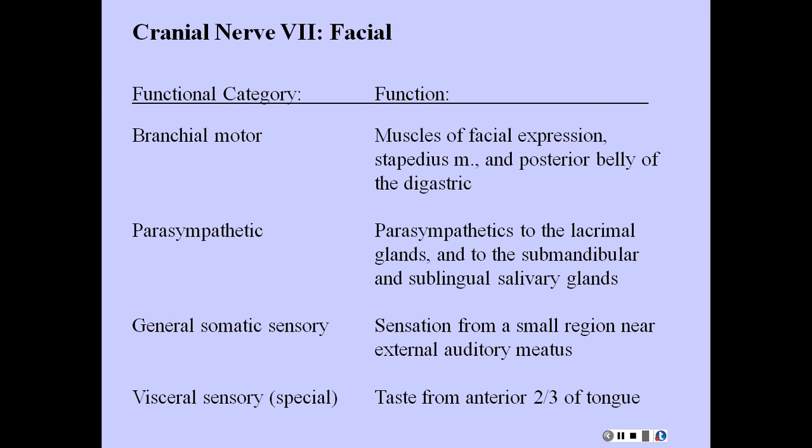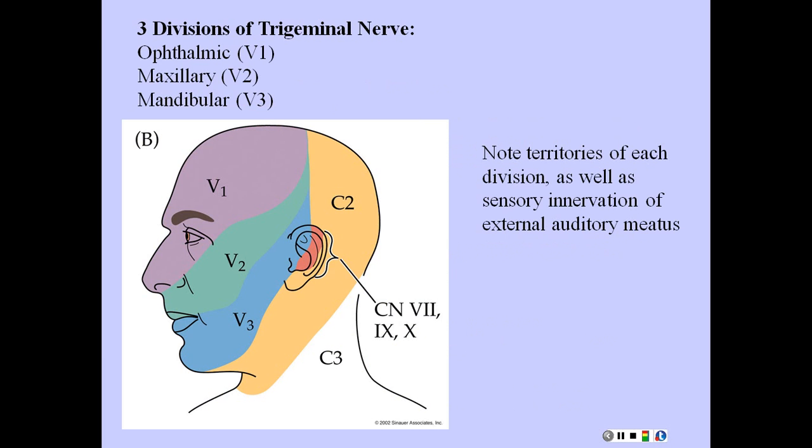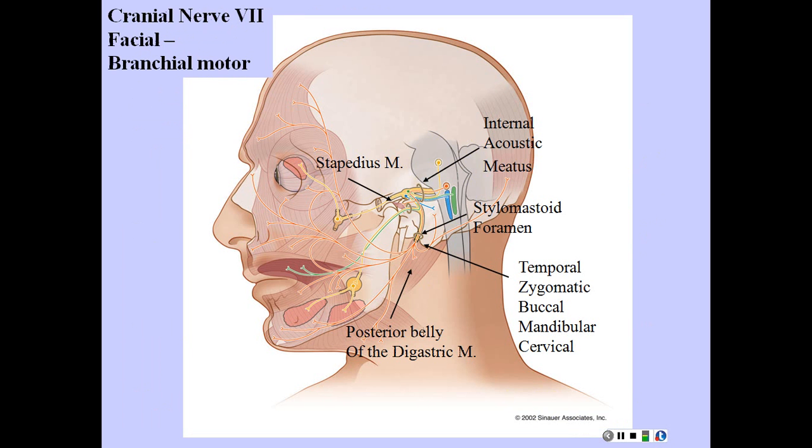So, when we look at the internal acoustic meatus, 100% of facial is associated here. 100%. But only a portion of facial is found here at the stylomastoid foramen. And all of these axons are the ones for the facial expression. Which means that in this bony canal, it gives off the fibers that are going to the glands.